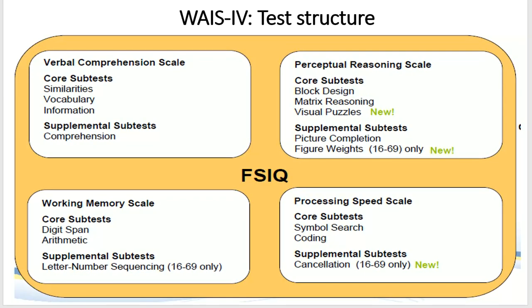Now, this is again the test structure, and you can see that the test has been categorized in four indices: the verbal comprehension scale, perceptual reasoning scale. Earlier WAIS-III used the term index, but in this scale the term is used: working memory scale and processing speed scale. And there are some core subtests in each and supplemental subtests. Remember that a supplemental subtest is used when some of the core tests are invalidated or spoiled.